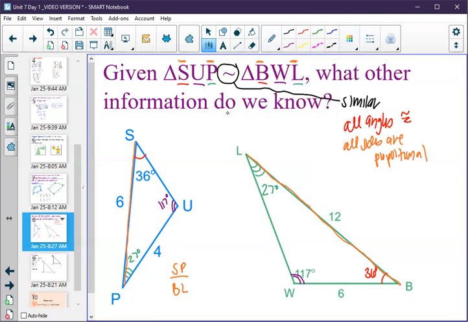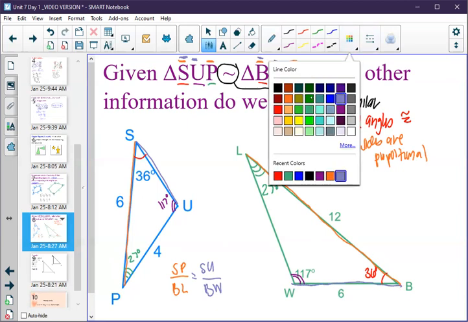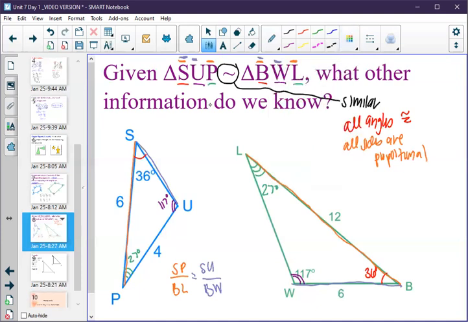And then let's see, I will use, what color haven't I used? Purple. All right, then if I want to look at SU, so SU, first and second, BW, first and second. So I got this side here. And then I'll use, how about this darker green?